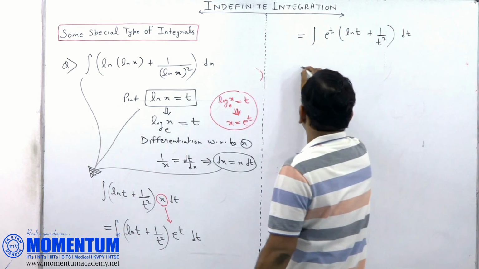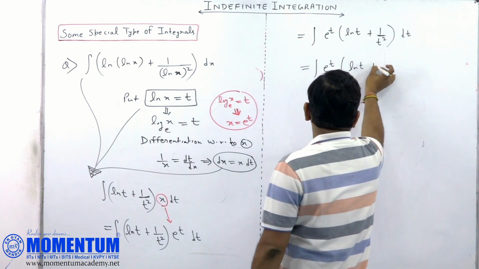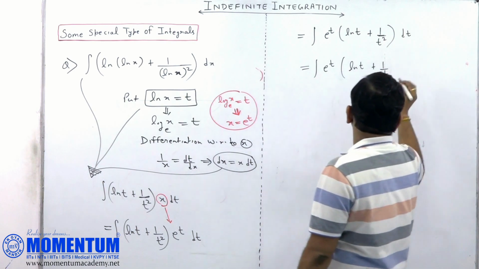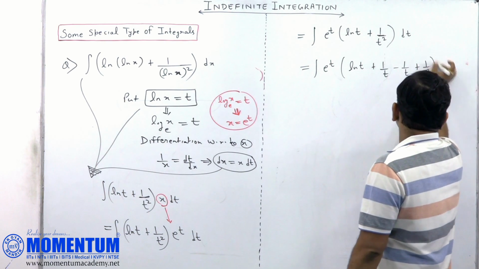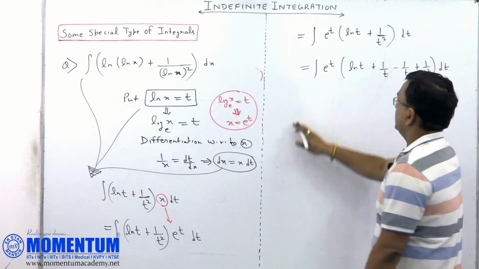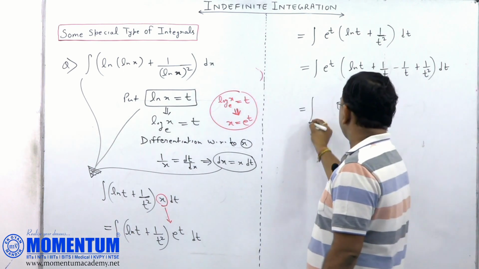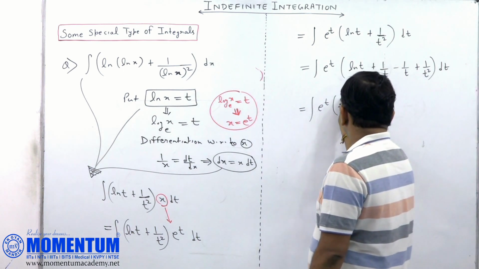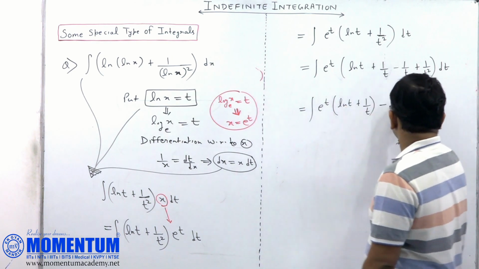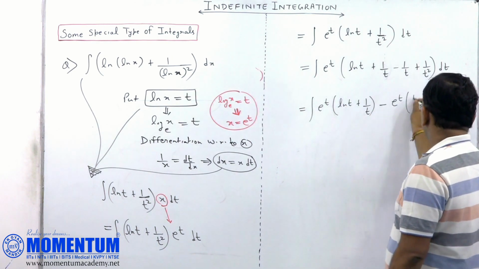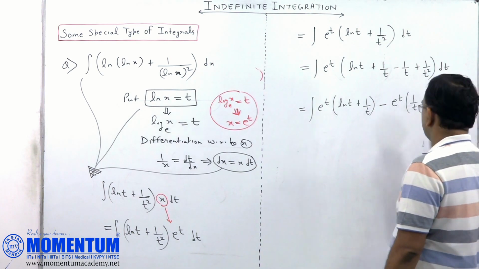Some more manipulation is required here, and I am writing ln t plus 1/t minus 1/t plus 1/t². Is that allowed or not? 1/t minus 1/t. What's the benefit? e to the power t times ln t plus 1/t minus e to the power t times 1/t minus 1/t².